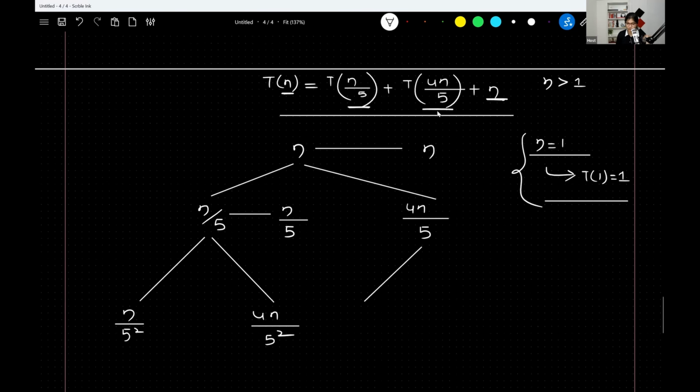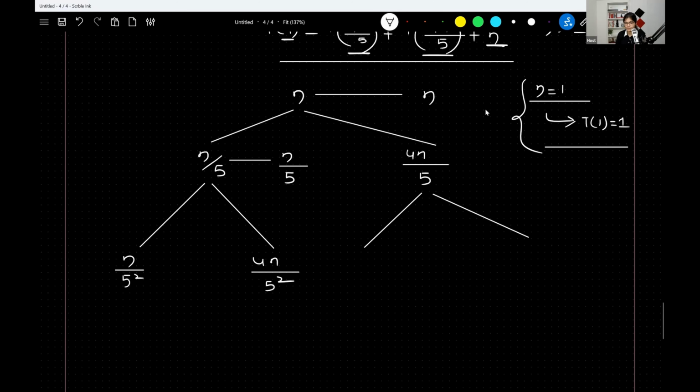So if you do the further split of this 4n/5, what will you get? Think over it. What will be the cost? And then calculate the total cost. Left side plus right side.